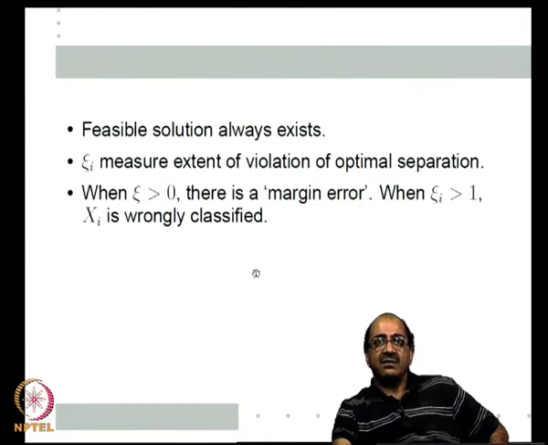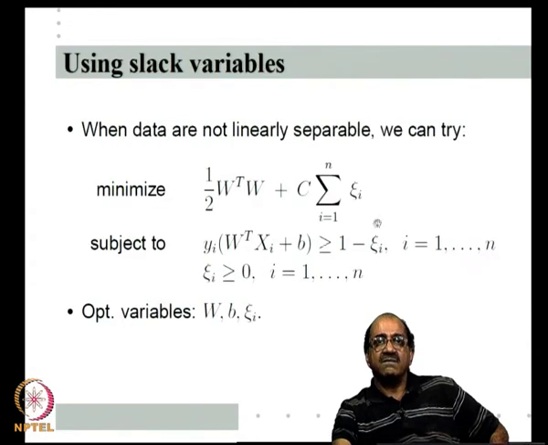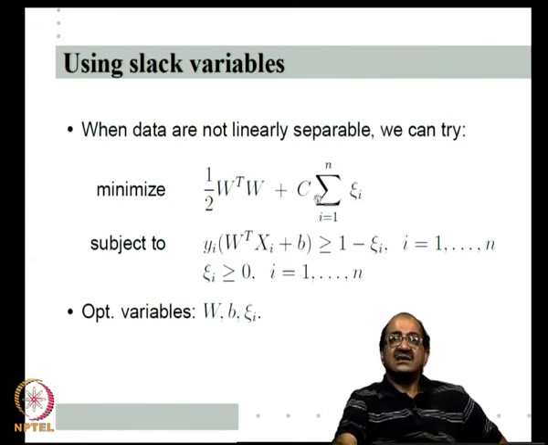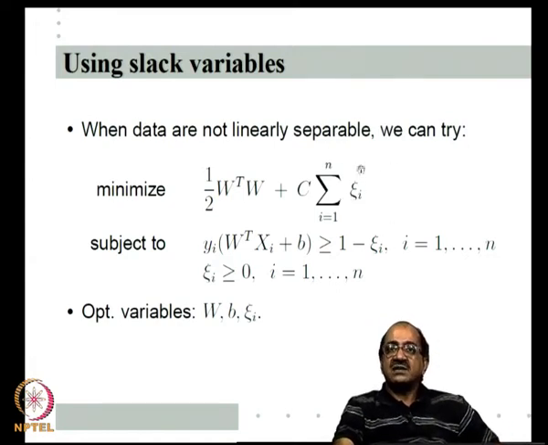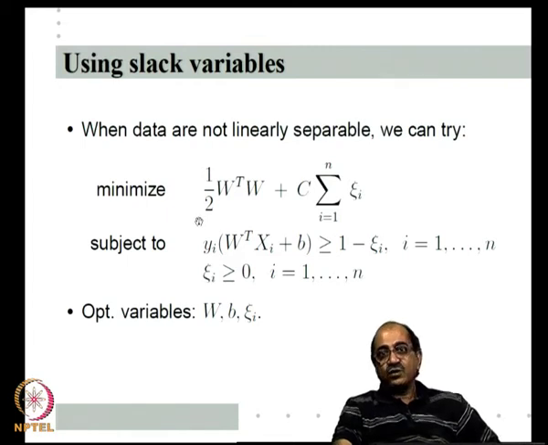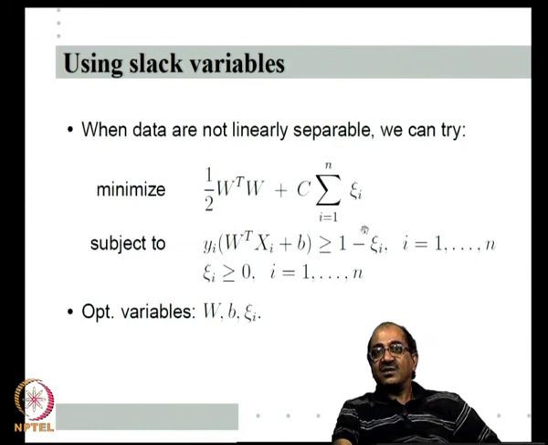Now, finally, what we are minimizing is my margin term plus the sum of the slack variables. It tells you how much violation of separation I am doing, and C is a kind of exchange rate constant. How much increased margin of separation am I willing to take at the expense of making so many errors in classification, so to say.